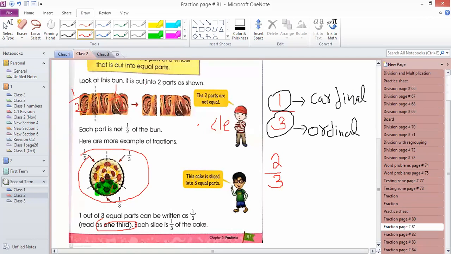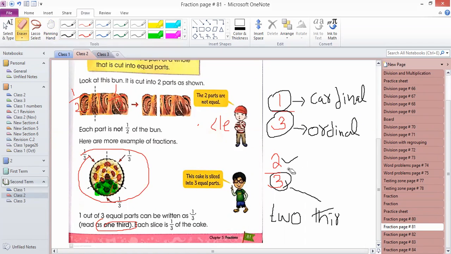So how much do I want to eat? This is a cardinal number, cardinal means two. I can read it as two. And this is an ordinal number, ordinal means third. So I want to eat two thirds of the pizza.